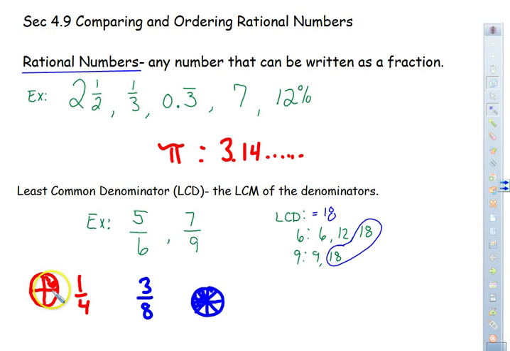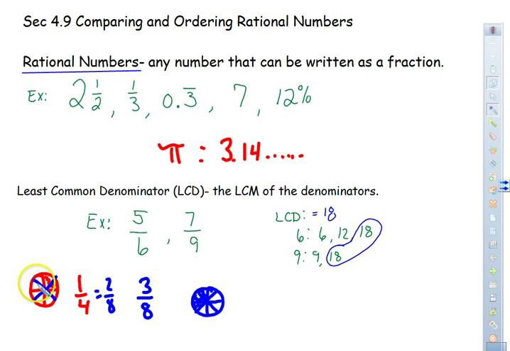We've got to be able to make this into 8 slices as well, and you can see that there are 2 out of a possible 8 slices for this particular piece that is shaded in.